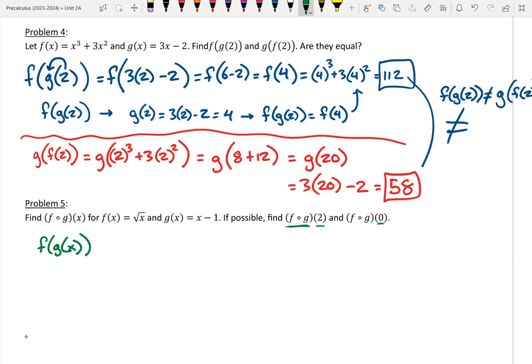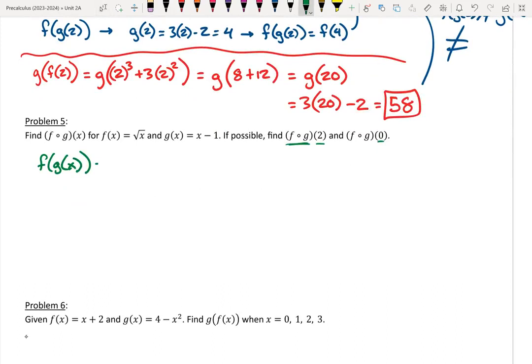Reason why I didn't do that on problem 4 is because I would have had to find two composition functions, f of g and g of f. I had two different ways of going. This is why, if I'm doing it at a value, I kind of like doing it the way we did in problem 4. But in problem 5, we can find the composition function first and then plug in our values.